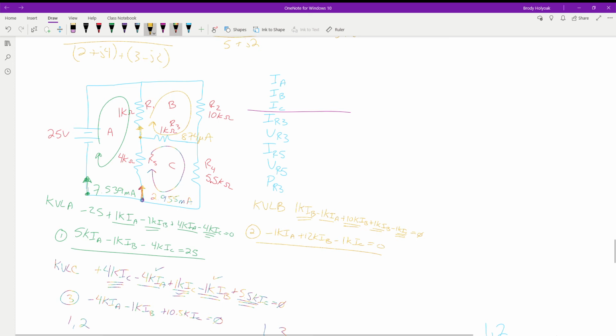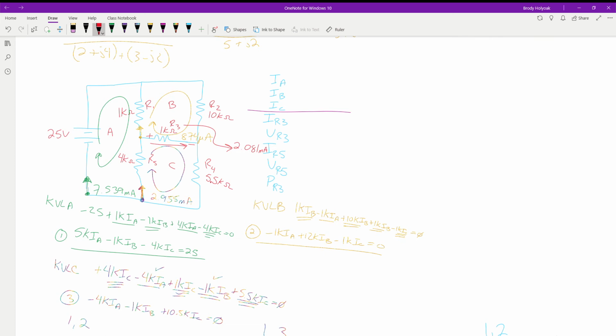So our current going through this one is going in this direction, giving us a positive to negative polarity. We're going to subtract the currents because they're opposing each other. And so what we end up with across R3 is 2.081 milliamps.